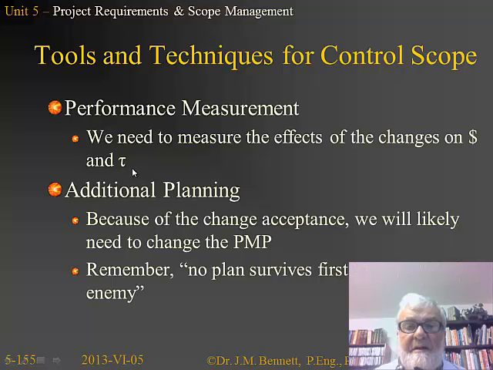And typically changes normally cost more money and take longer if they're scope changes. On the other hand, if we're trying to get back on track and we descope, then we might have negative costs and negative time. If we do these changes and accept the changes, we have to change the project management plan and a lot of the project documents.